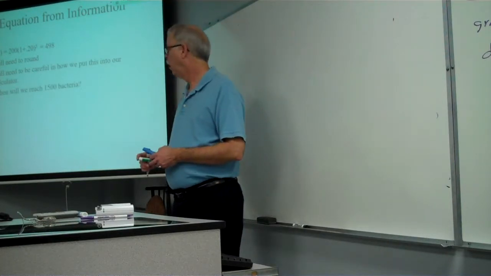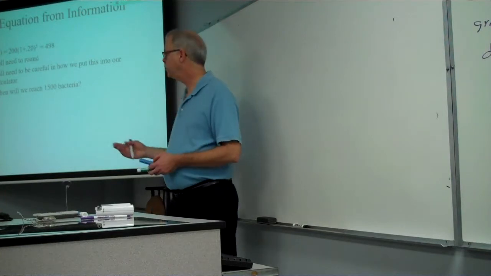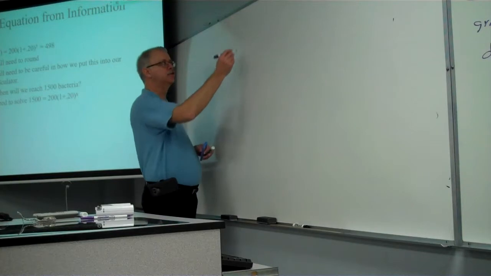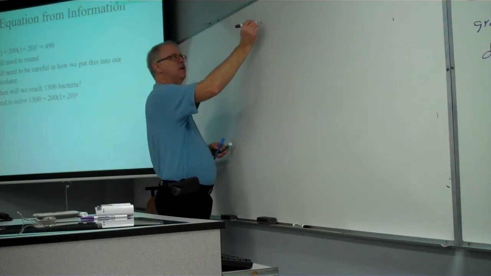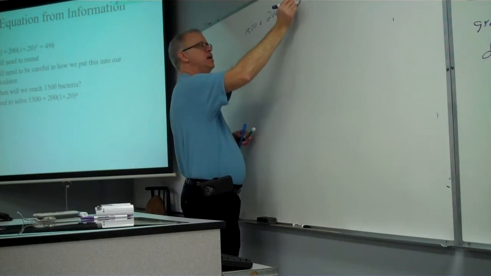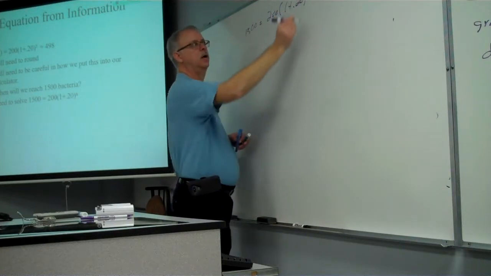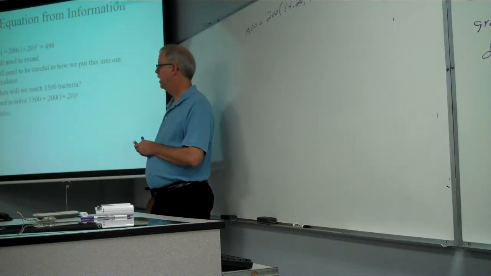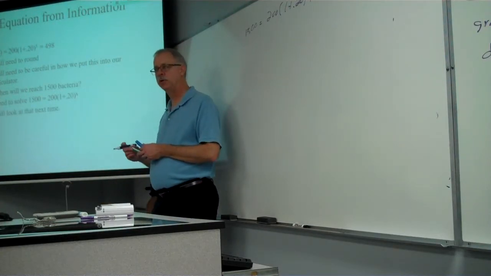Now, if we wanted to know, well, when would we reach 1,500 bacteria? Well, for that we would need to solve. Because we have the amount we want, the initial amount times 1 plus the rate, to the x power, we need to solve for that exponent. Well, that's a much tougher problem.